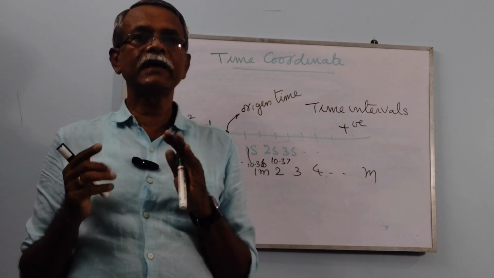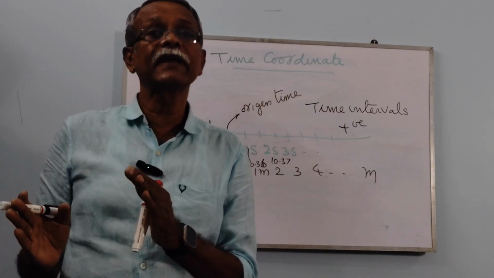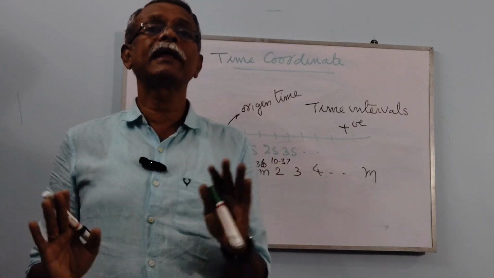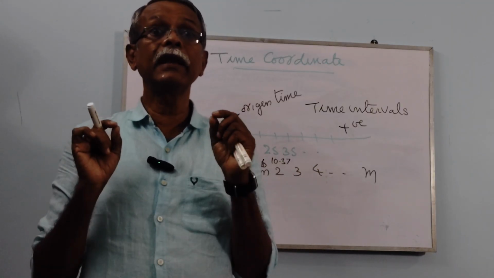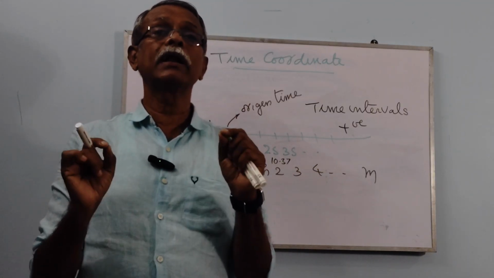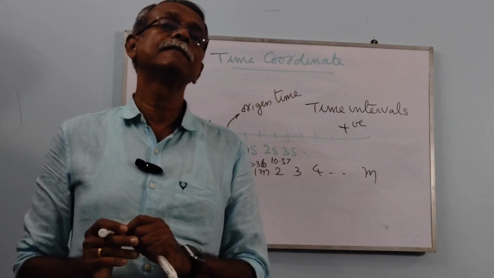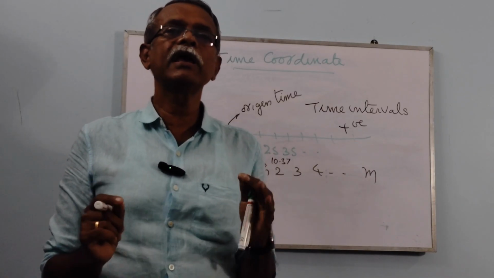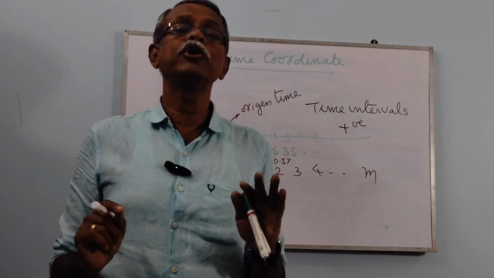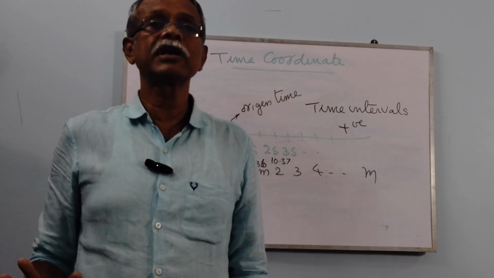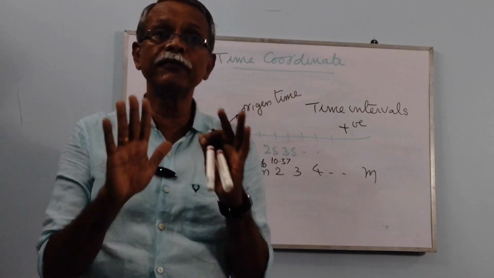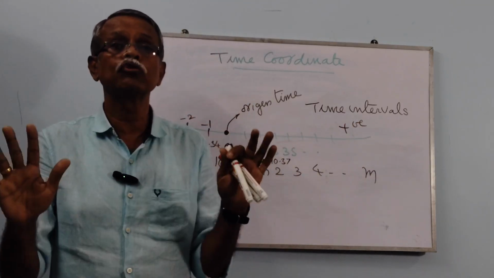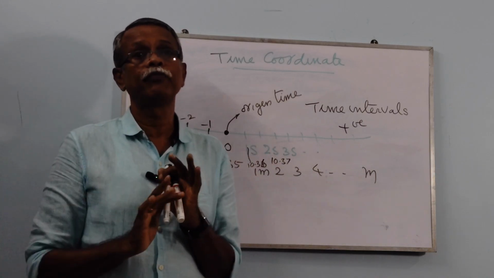If we say that time interval is 10 seconds, it will not be minus 10 seconds. It will always be 10 seconds. It is a scalar quantity, in the sense that we can specify it by giving a number and a unit. No direction is required for specifying time interval. Therefore, it is always taken as positive.